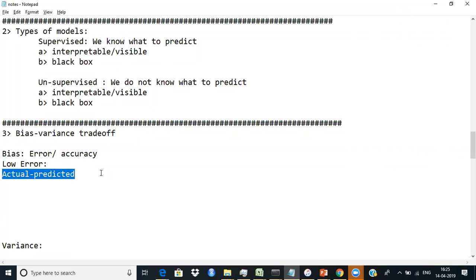So we want this thing to be as low as possible. Do you agree? For example, if I'm predicting sales of a car and the actual is say 10,000, I want my predicted to be as close to 10,000 as possible.